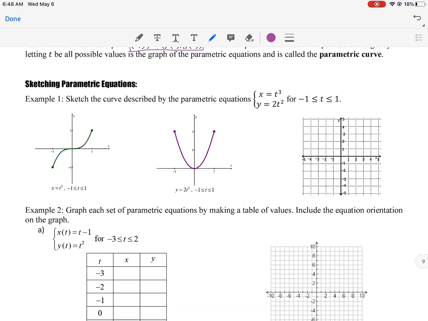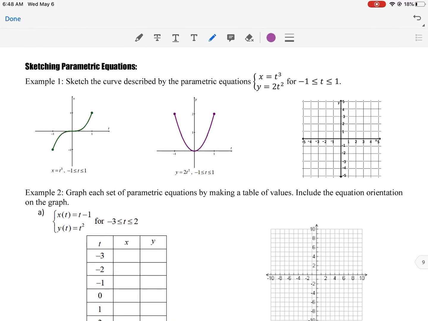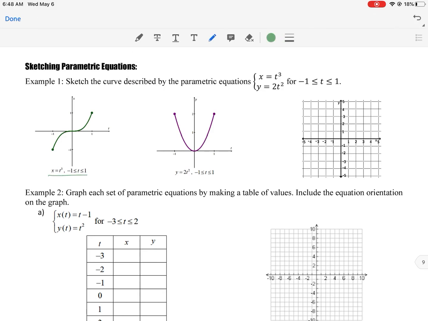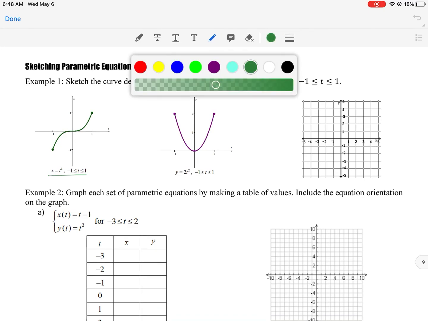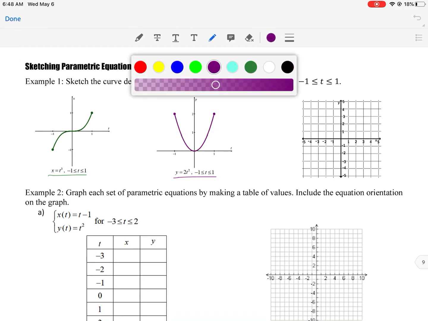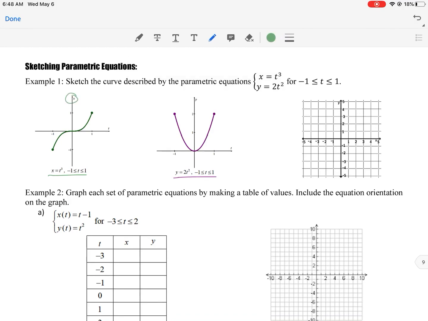This first one says to sketch the curve described by the parametric equations, x equals t cubed, which I have over here on the left in green, and then y equals 2t squared, which I have over here on the right in purple. So notice on this first one that your x-axis is similar to the y, and then we've got t over here on the right.